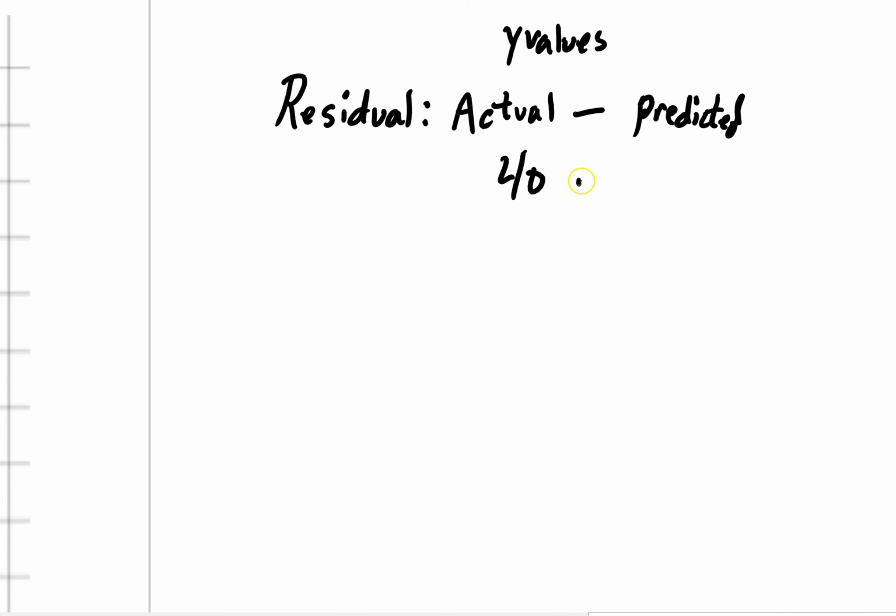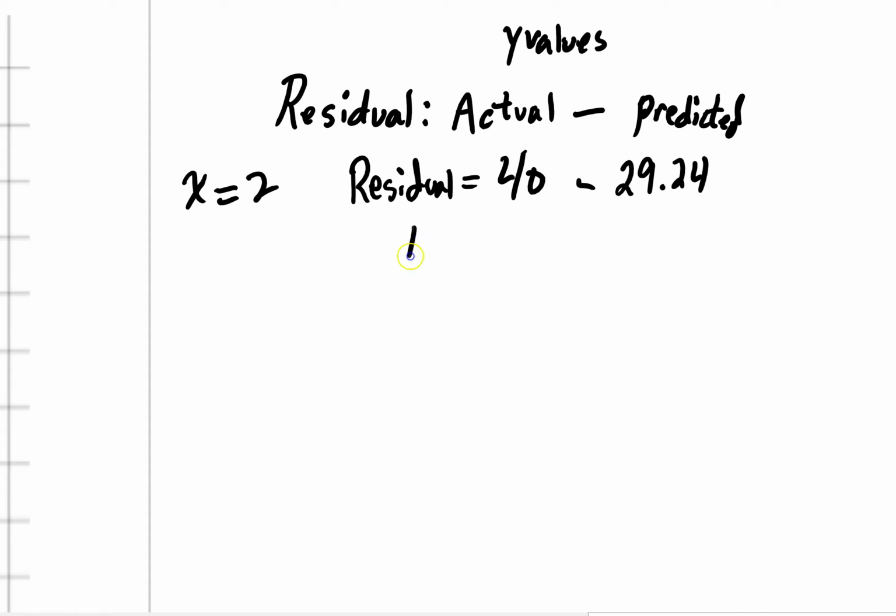So, if we were to work this out, our residual, and by the way, this is when x is equal to 2, would be 40 minus 29.24. Well, your residual, I can real quickly tell you, is going to be 10.76.